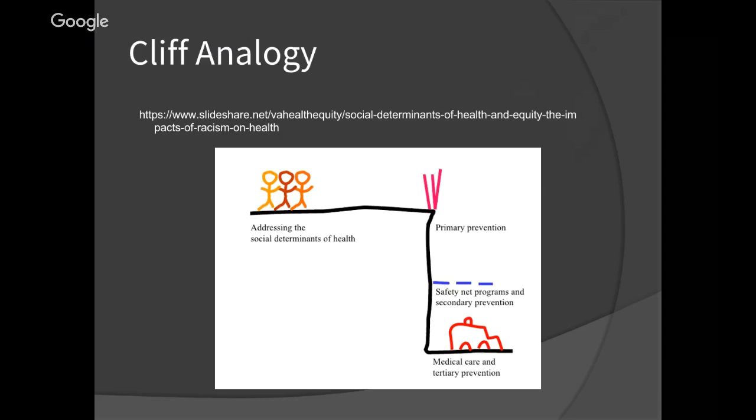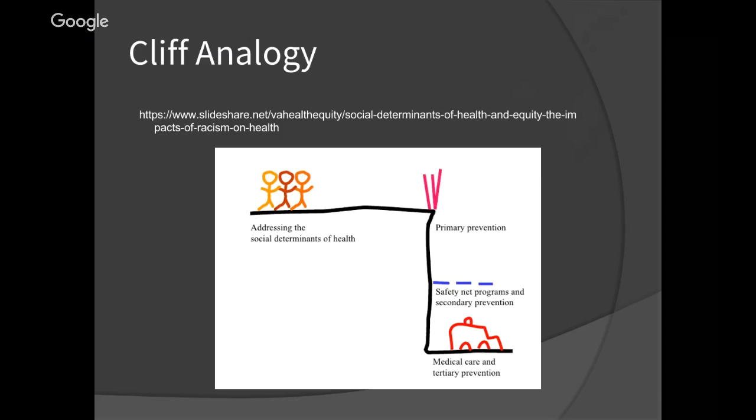It's really helpful for understanding the different levels of prevention and intervention. So in the cliff analogy, she imagines there's this town or city that lives by a cliff. People, for some reason, keep falling off the cliff, falling to the ground, and once they hit the ground, they need some kind of medical care.